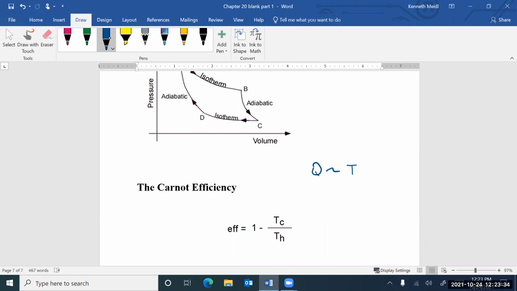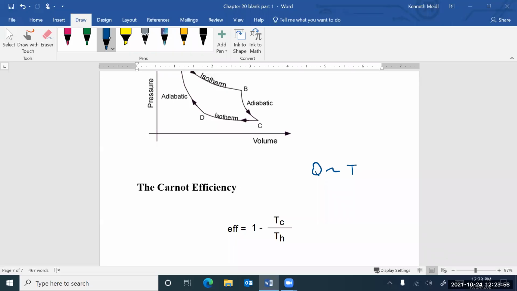You're hot and you're cold. Your cold is the exhaust. The hot is your hot reservoir, right? You're heating up exploding gasoline and so forth. Now, when you take a look at this here, it should imply immediately, units. T hot, T cold.